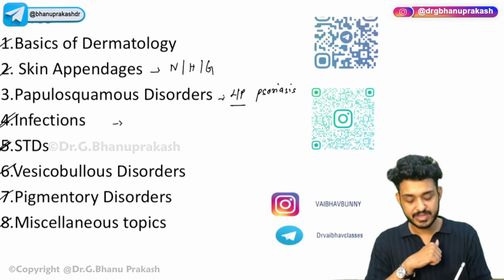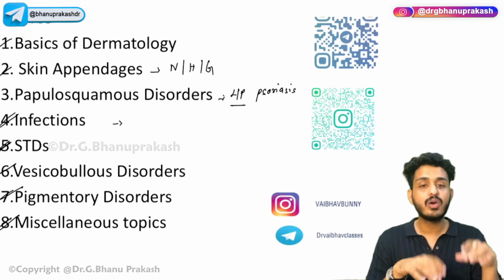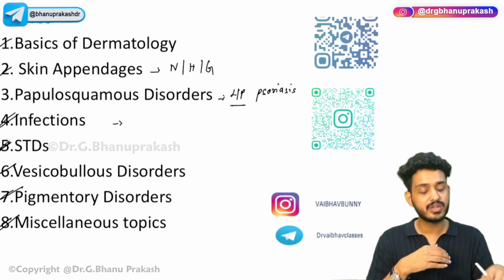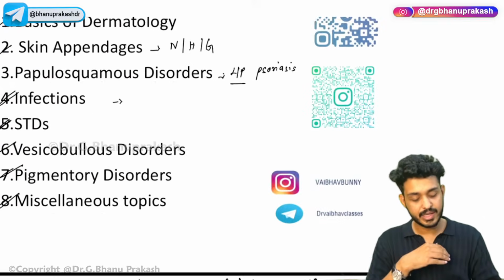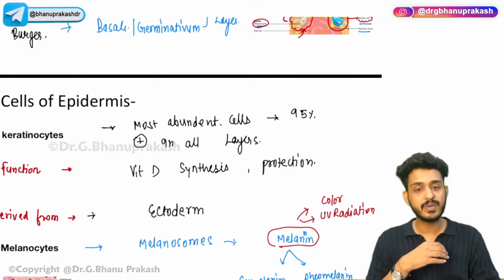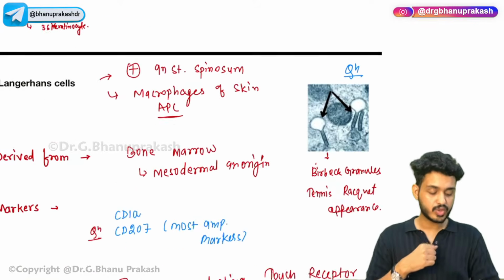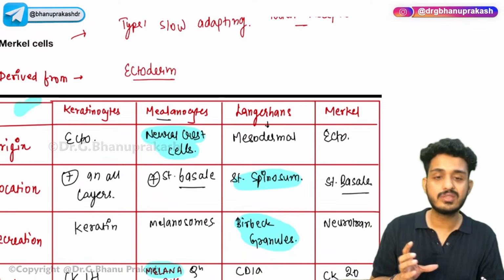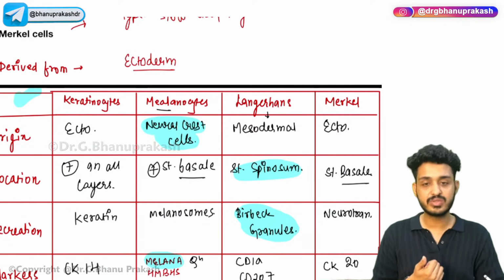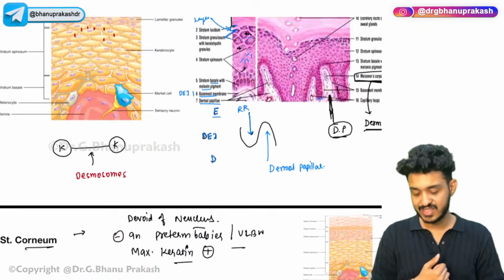Vesicular disorders we have seen, pigmentary, hyperpigmented, and miscellaneous topics. Along with that, just try to solve some important questions. I have already done a video on PYQs as well. You can also watch that. Otherwise you can solve questions from your book or whatever source you have, and just complete this subject.